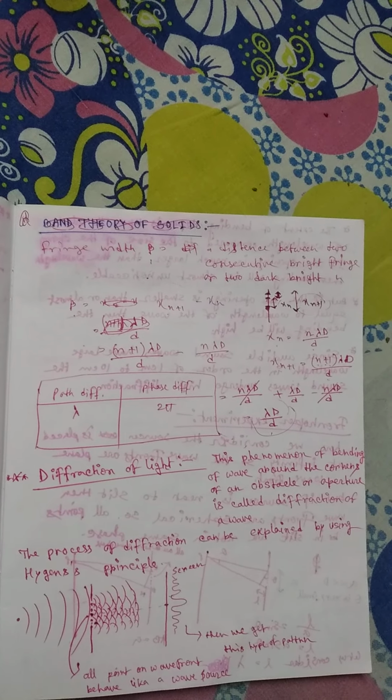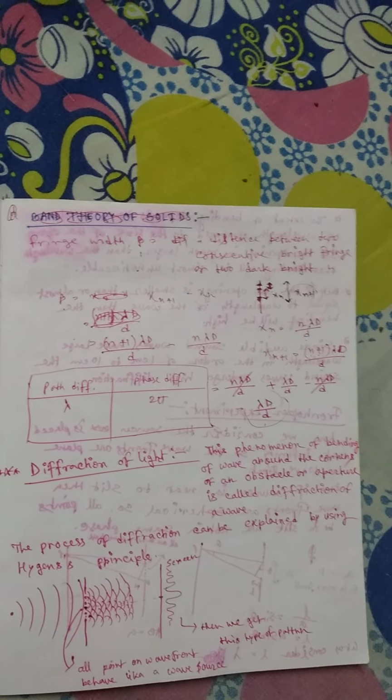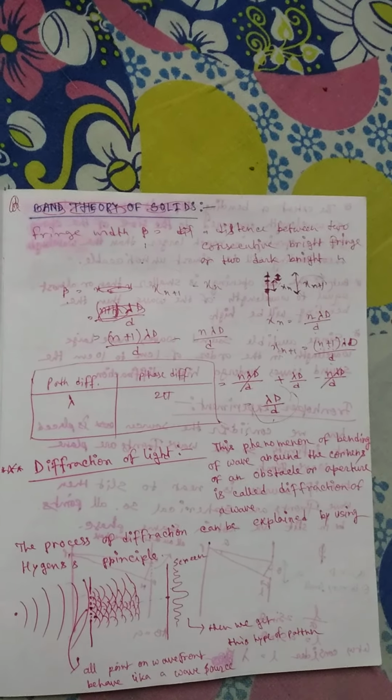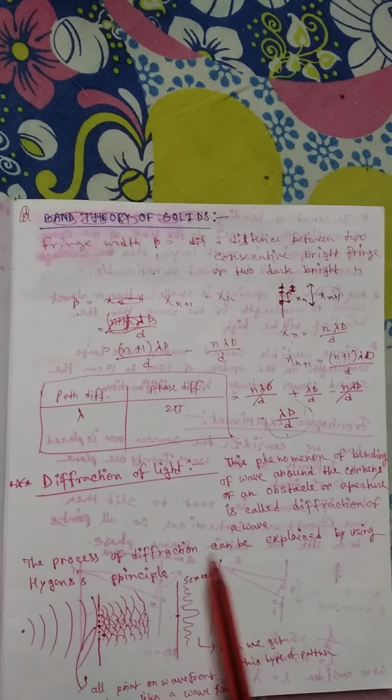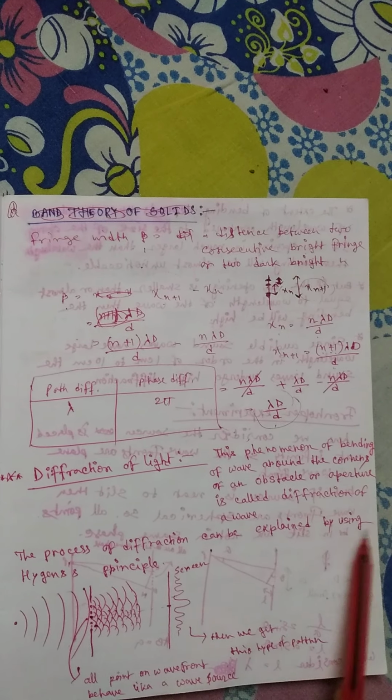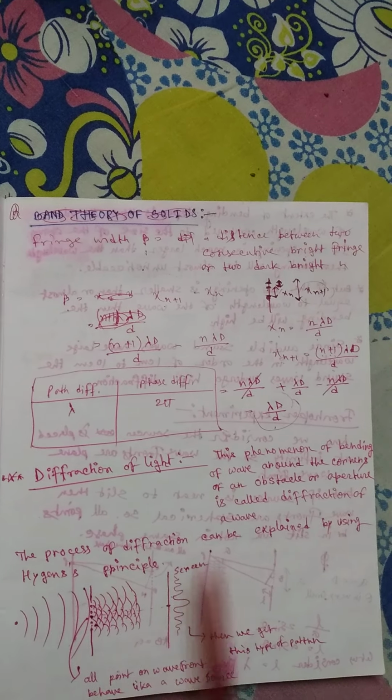For interference of light, we need only two sources, but for diffraction, we need more than two sources. The process of diffraction can be explained using Huygens principle.